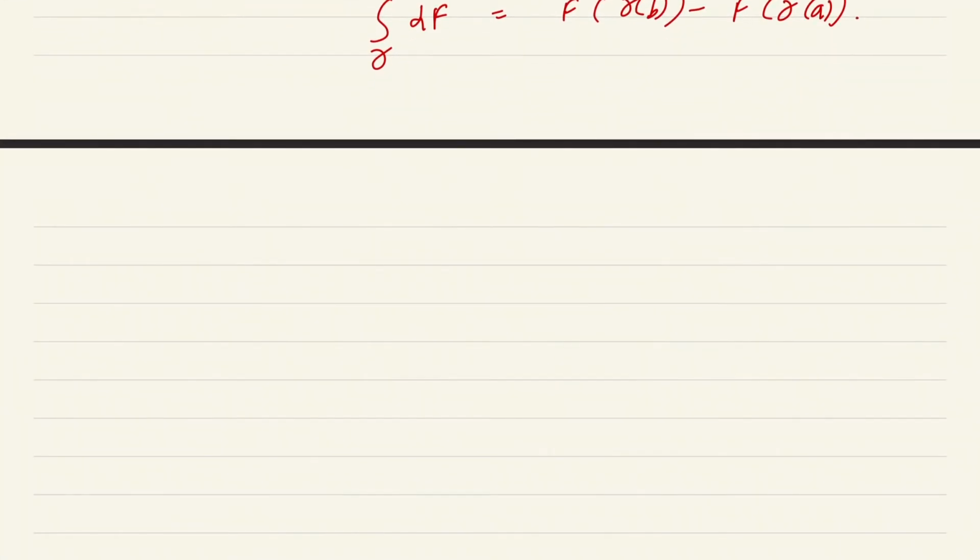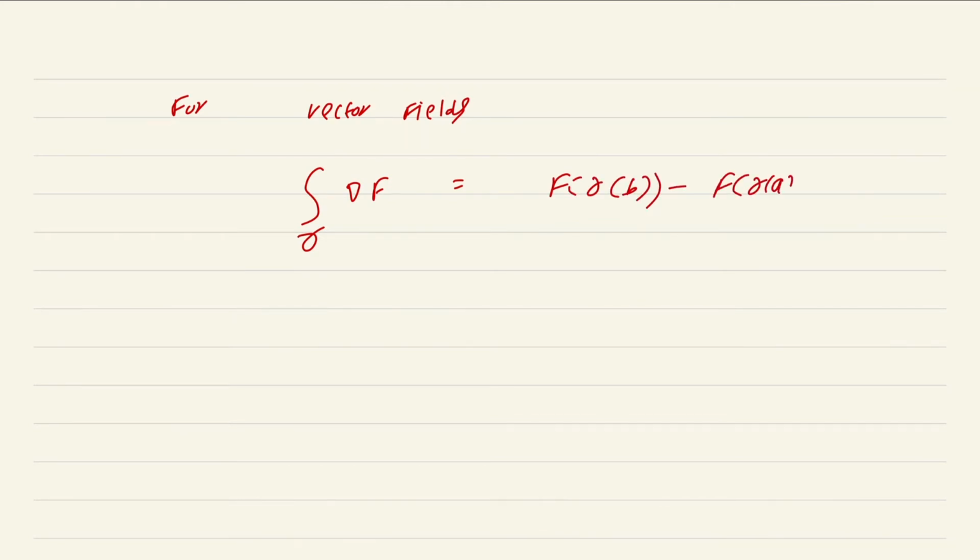We can also phrase this for vector fields. For vector fields, we can say the integral over gamma of gradient of f is nothing but f of gamma of b minus f of gamma of a. So this is the fundamental theorem of calculus for line integrals.